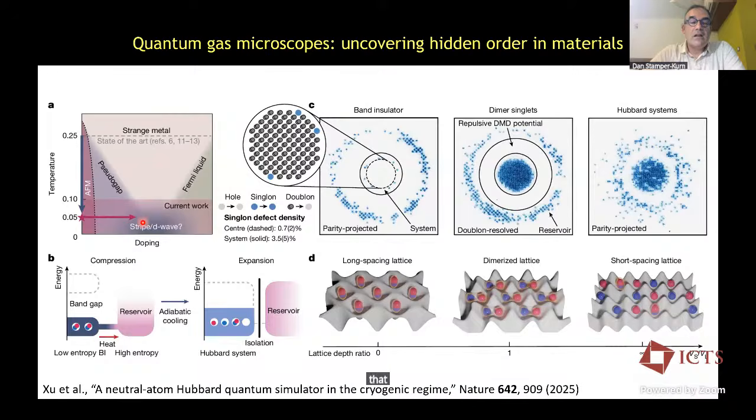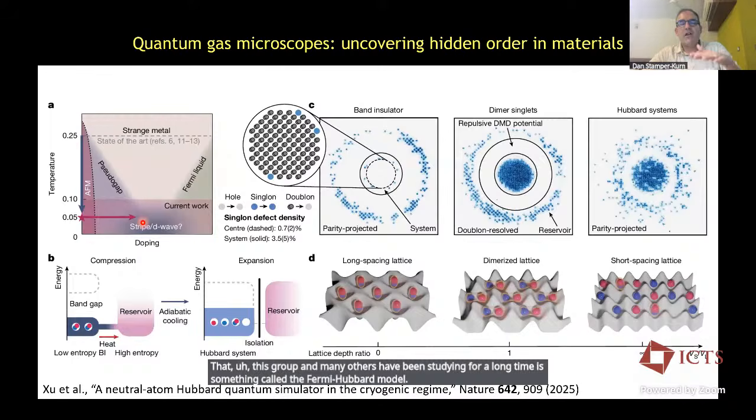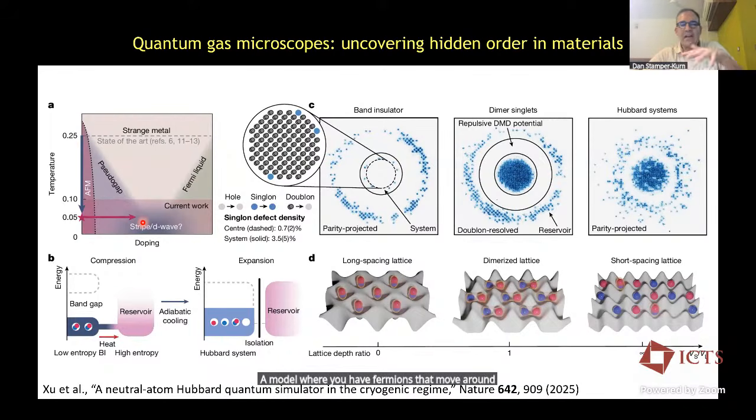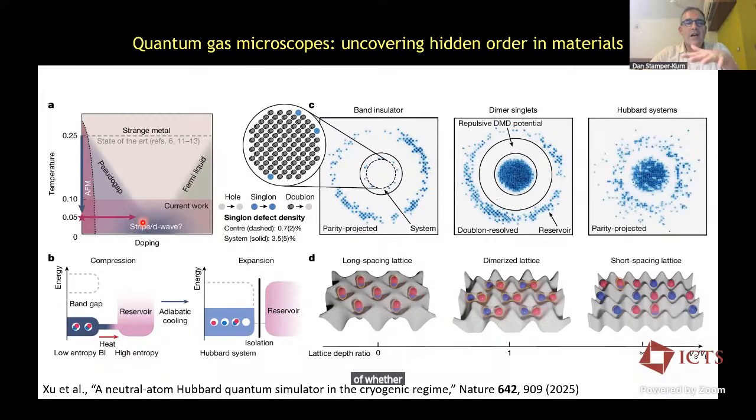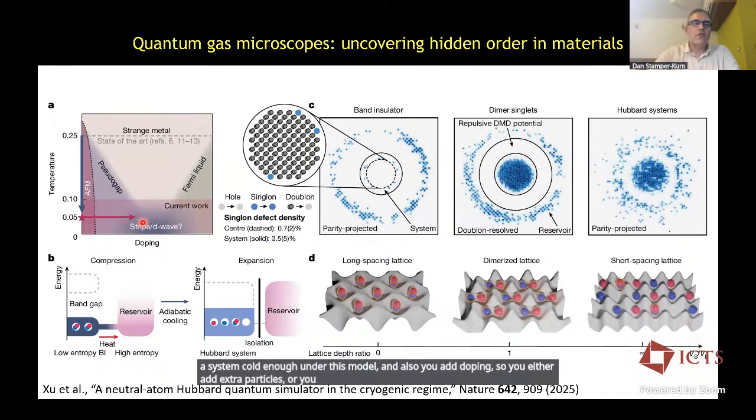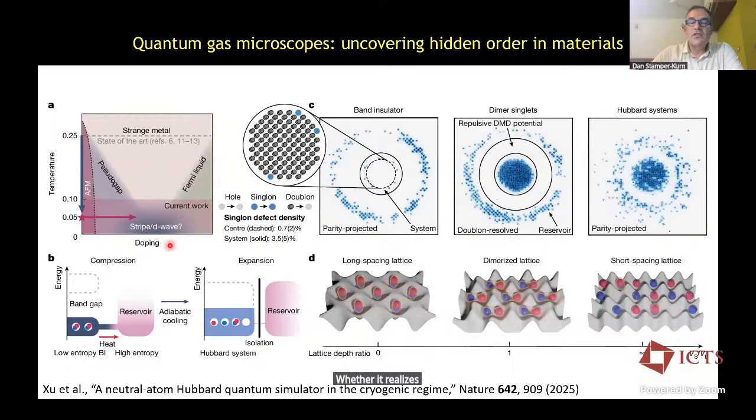Something that this group and many others have been studying for a long time is called the Fermi-Hubbard model, a model where you have fermions, like electrons, that move around in a lattice, and they have just on-site interactions. So if two fermions come onto the same site in the crystal, then they repel one another. And there's been a huge question in the theoretical and experimental community for the last 40 years of whether the Fermi-Hubbard model, when you get a system cold enough and also add doping, so you either add extra particles or take away some particles, realizes d-wave superconductivity.